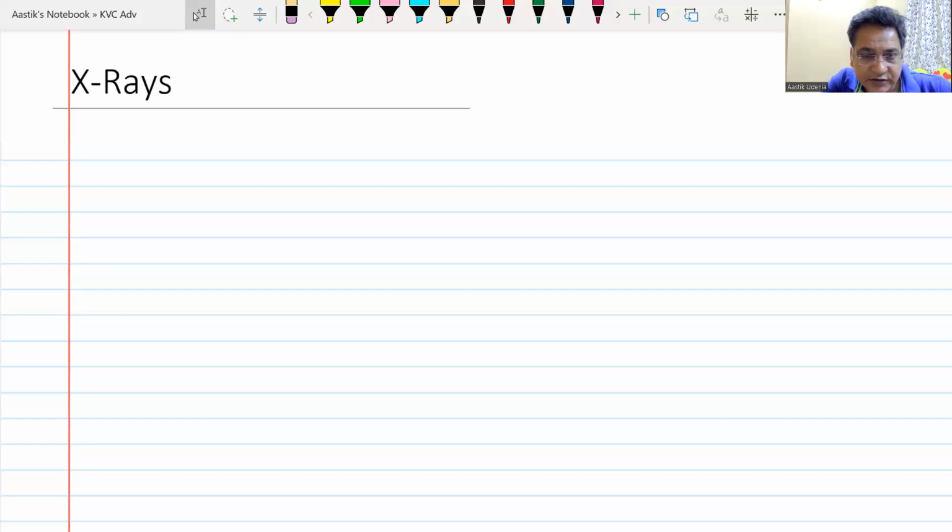Let me again try to show you. Different types of rays, with different wavelengths. Anything else?